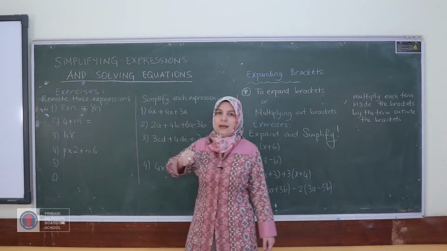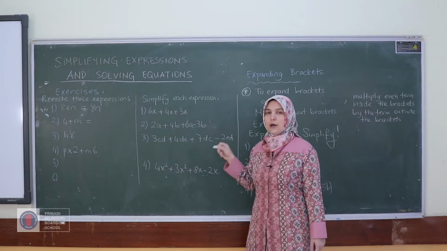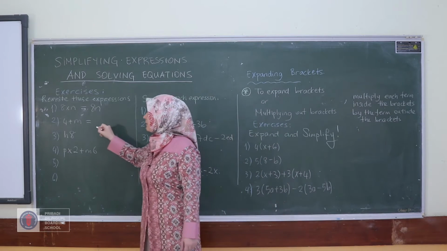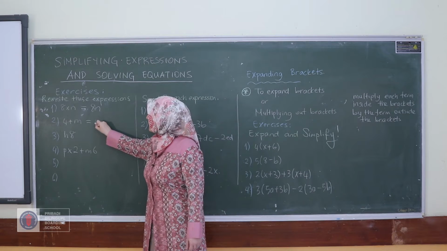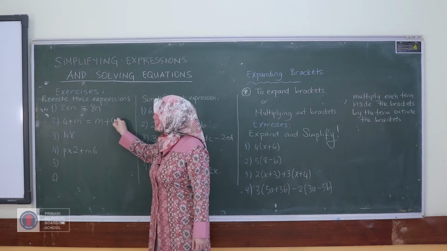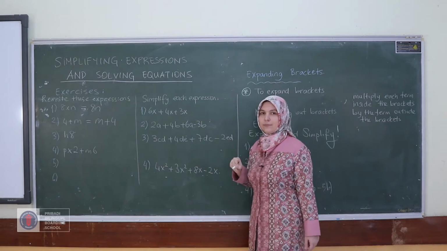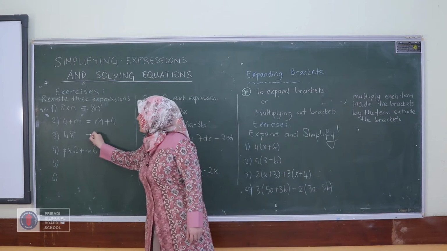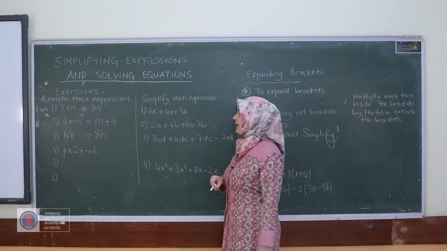Please remember that we write the letter terms first and after that number terms, if we follow the guidelines. So here we can write m plus 4. And the next one, h8. Remember that firstly we write the number and then the letter: 8h.